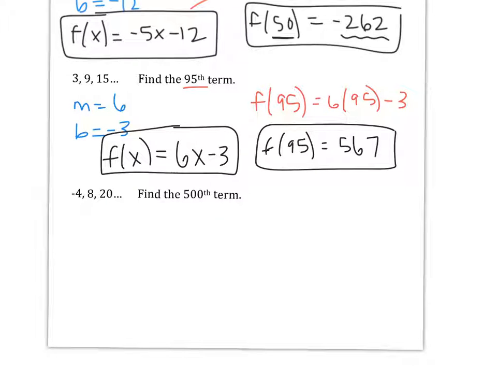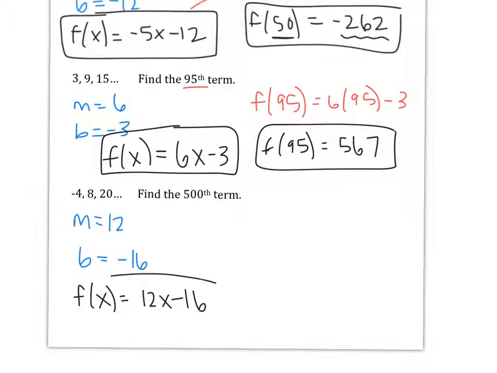All right, let's look at this last example here. Between negative 4, 8, and 20, we are adding 12 each time, so my common difference is 12. My zero term, so what plus 12 gives me negative 4? That's negative 16. So my function is f of x equals 12x minus 16.